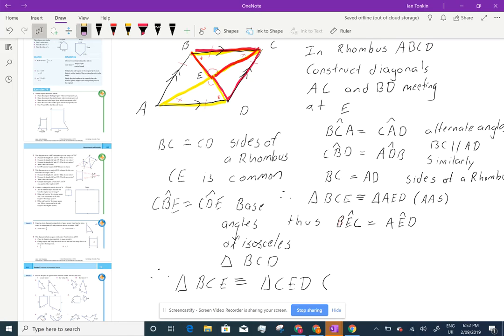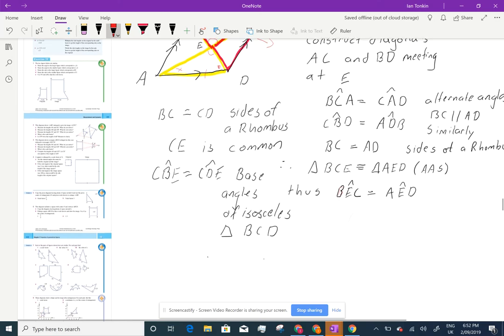That's not going to be enough. We need the included angle. It must be the included angle. So I need to get this angle in here. And I've almost got it.